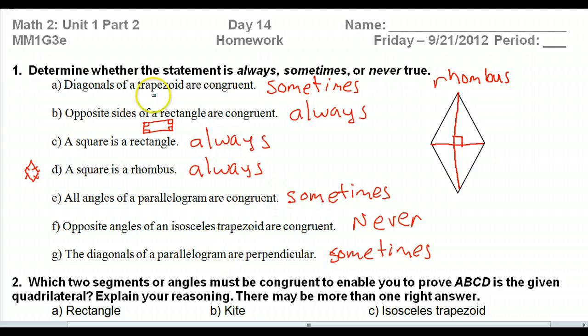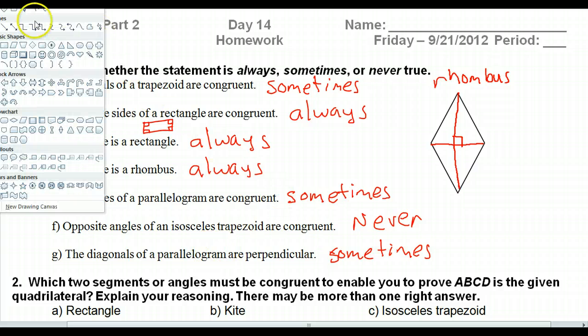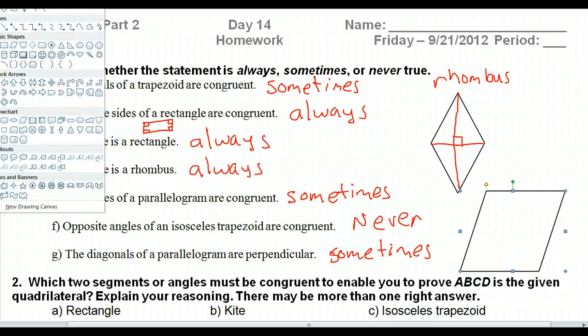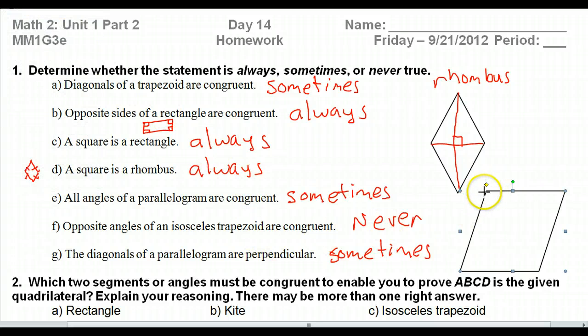So in general, if I have just a general parallelogram like this, in general the diagonals are not perpendicular. Okay, that looks a little bit too much. Let's stretch this out.